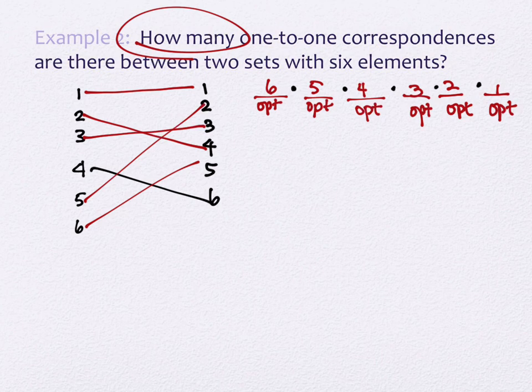We'll see more about this later. If you've taken proportional statistical reasoning, we talk about this idea as well in a different chapter there. It comes up throughout mathematics. It has a name. It's called a permutation. If that sounds familiar, it's great. If it doesn't, it's fine. But what is 6 times 5 times 4 times 3 times 2 times 1? 720. There are 720 different correspondences.